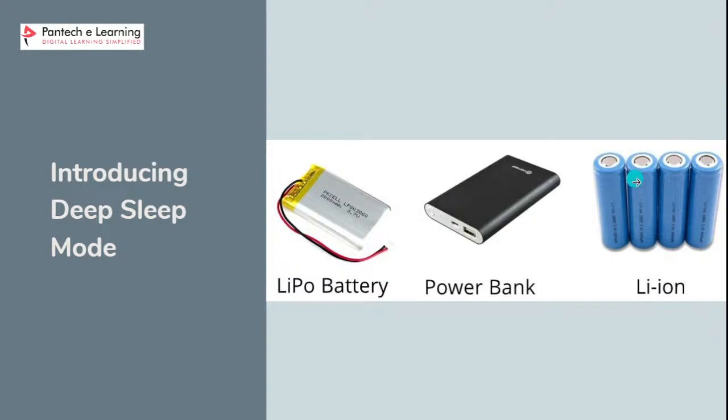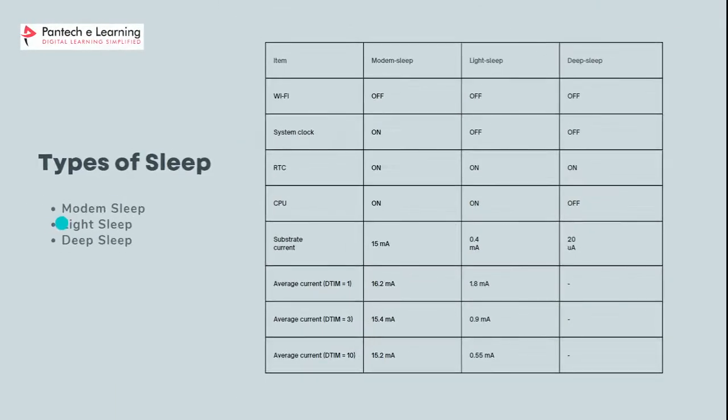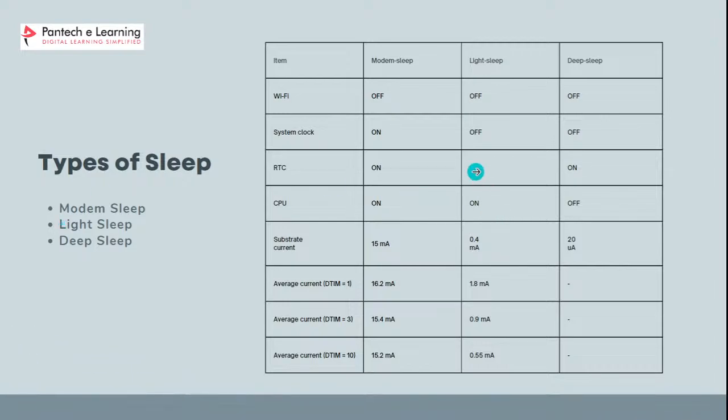So let's see what the types of sleep are. You can see there are 3 different types of sleep mode: modem sleep, light sleep and deep sleep.